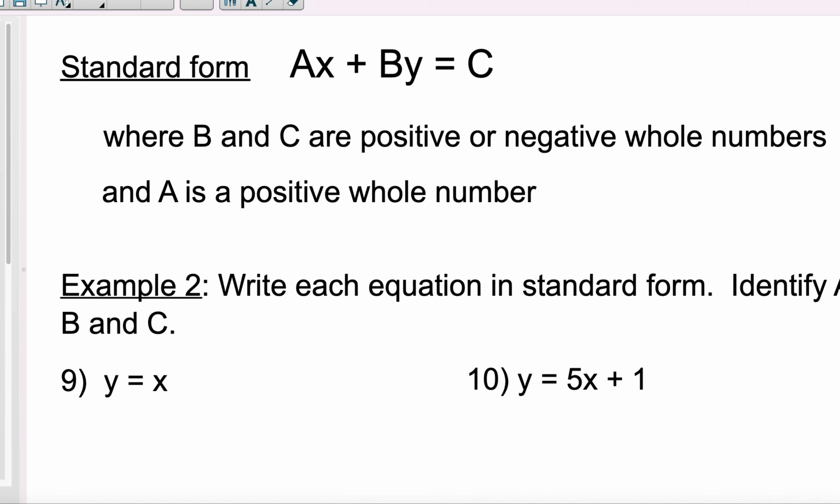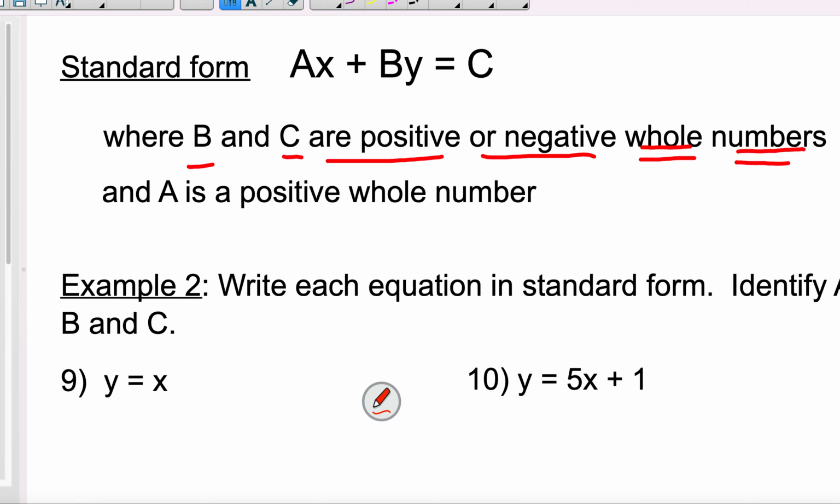So you've got ax plus by equals c. And then we have some conditions for it to be in standard form. Your b and your c have to be positive or negative whole numbers. And the other condition is that a has to be a positive whole number.